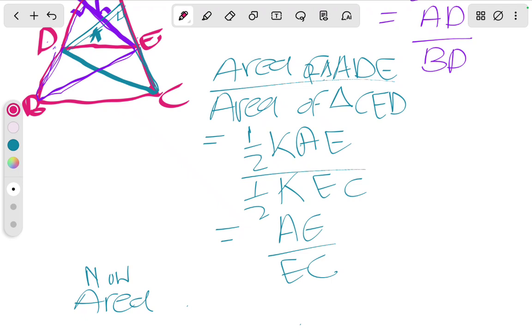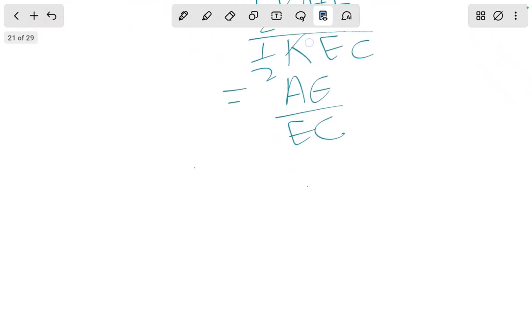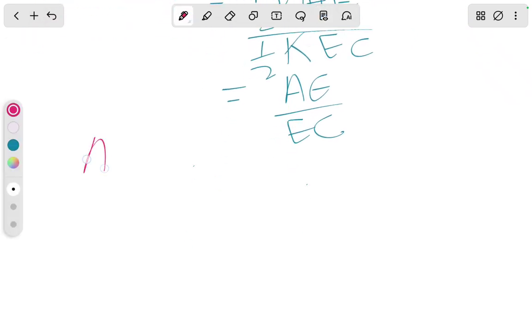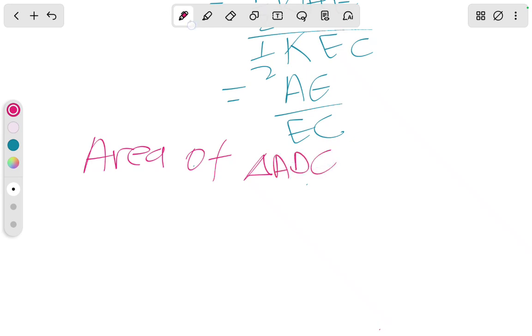let me use the pink. Let me erase that. Now the area of triangle BDE.